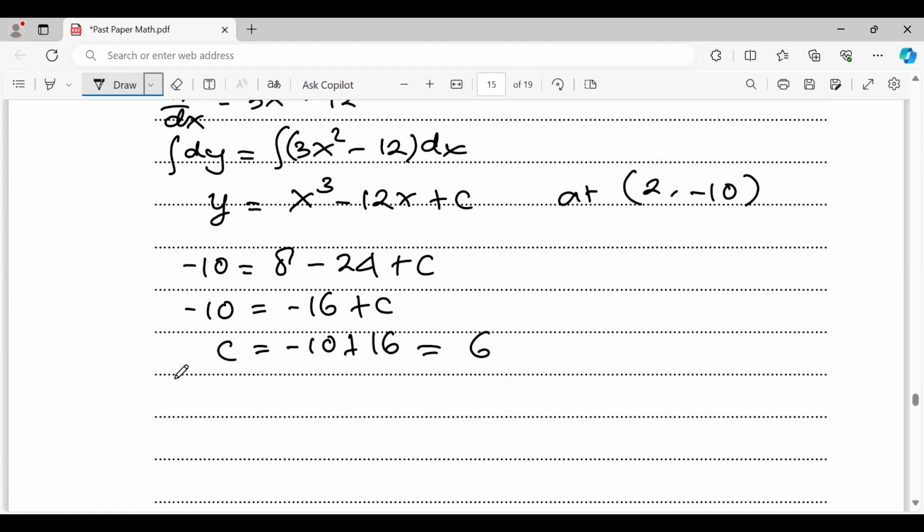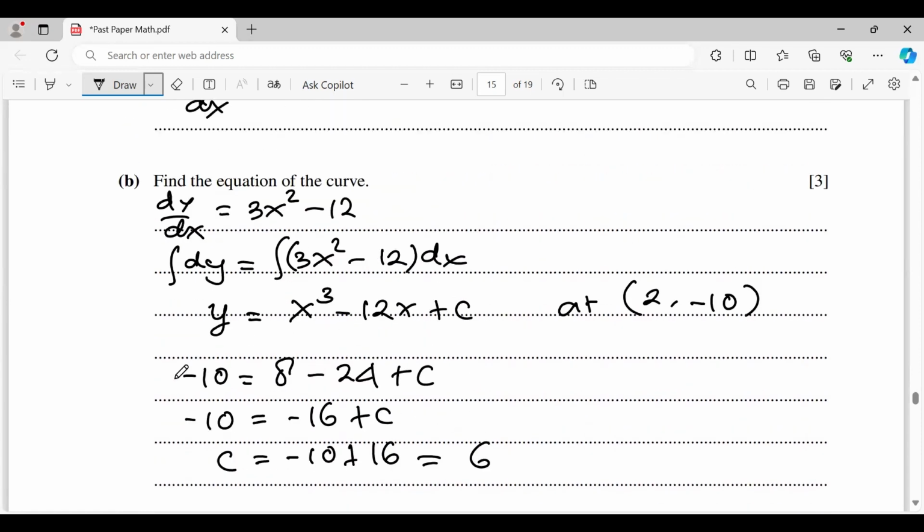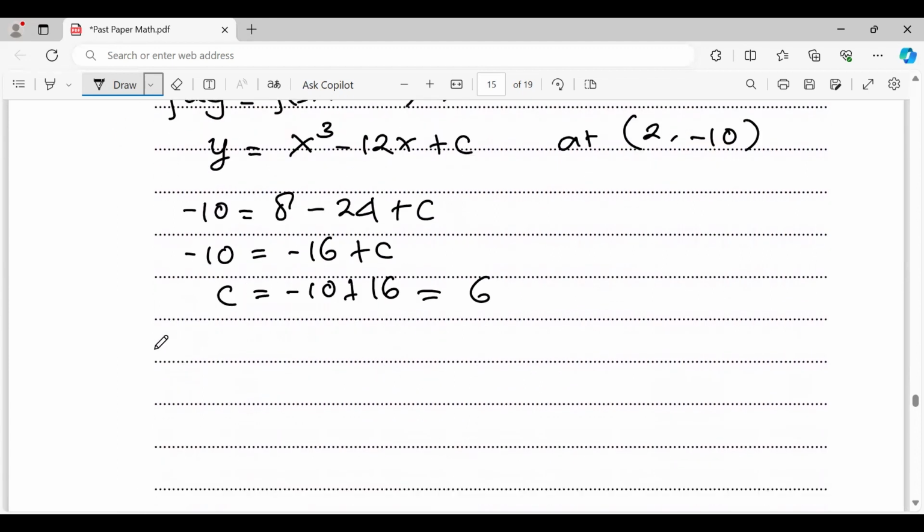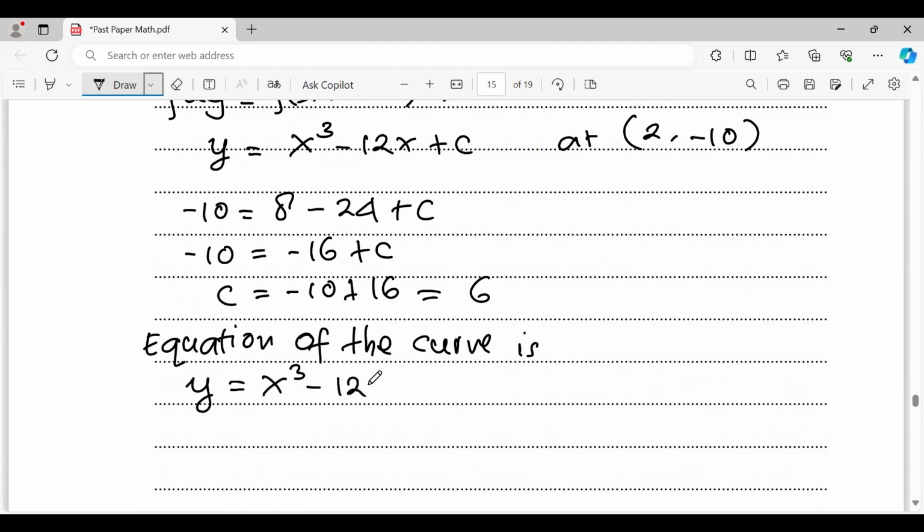So what was the question? Equation of the curve. So the equation of the curve is y equals x cubed minus 12x plus 6 because c equals 6.